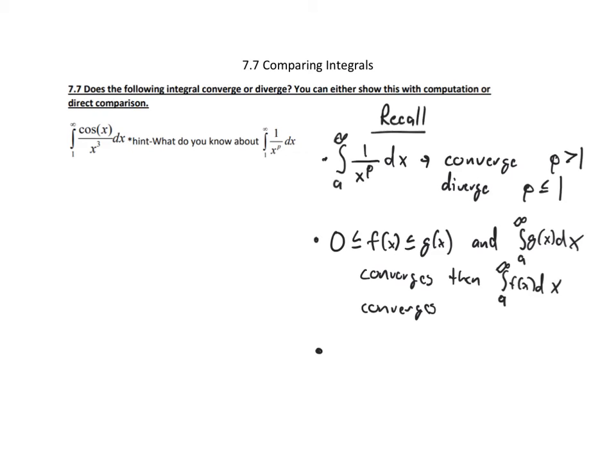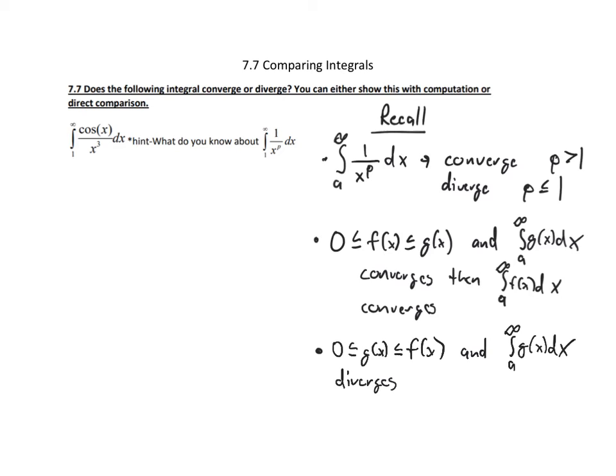The opposite is true too. Let's say 0 is less than or equal to g of x, which is less than or equal to f of x. So I'm saying g of x is less than f of x, and the integral from a to infinity of g of x dx diverges.